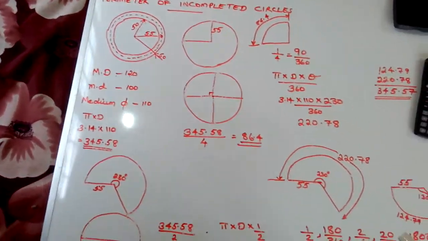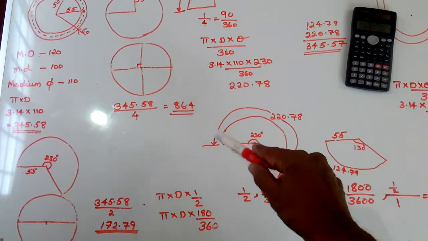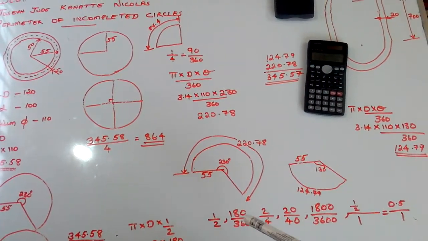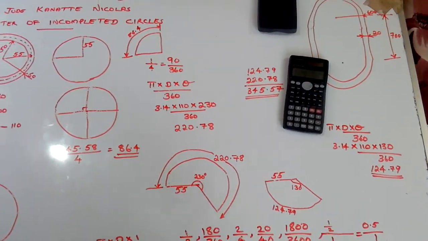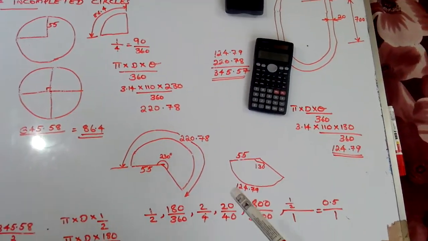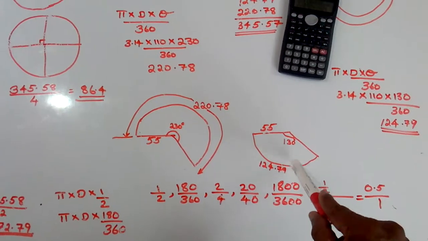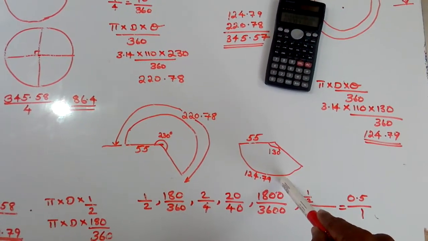Everybody knows it. From 345.58, if you decrease 220.78, we will get 124.78.